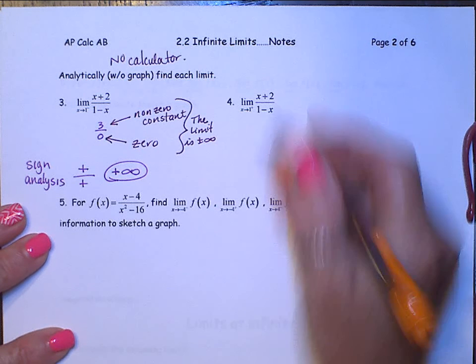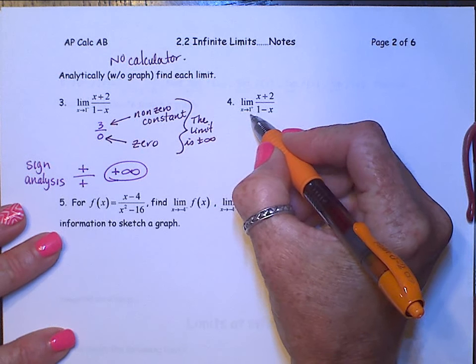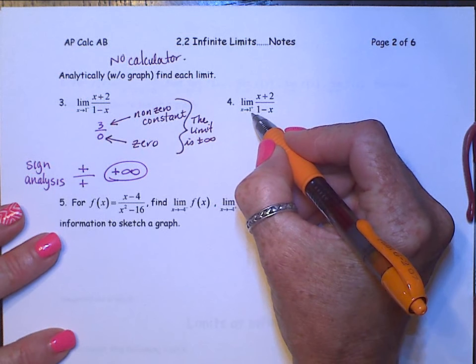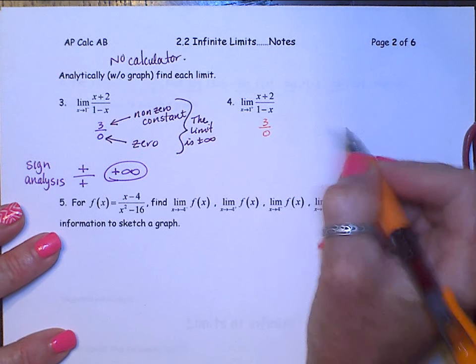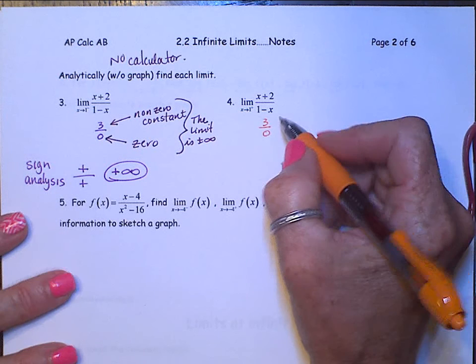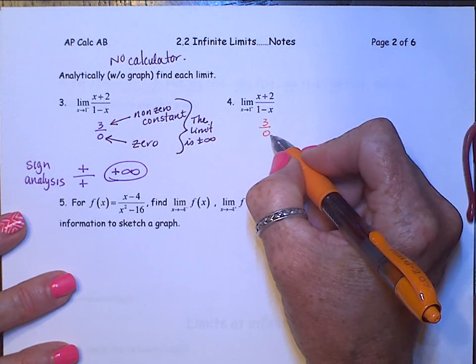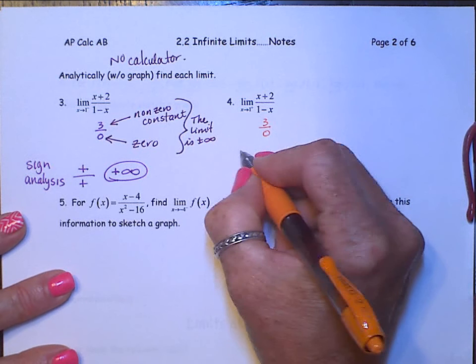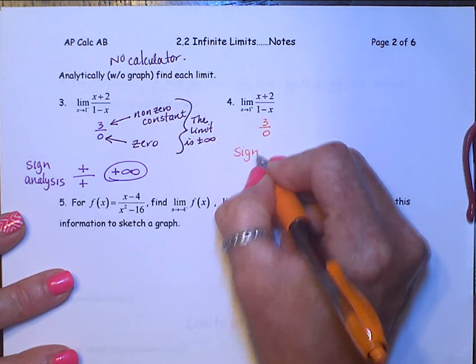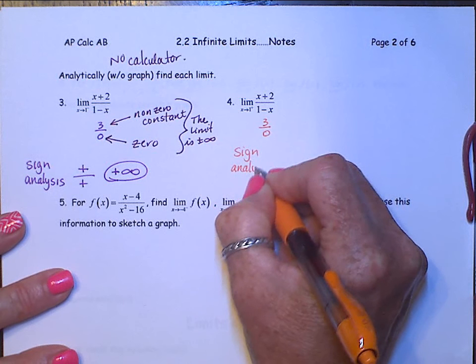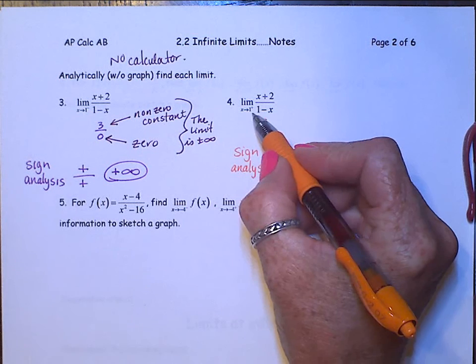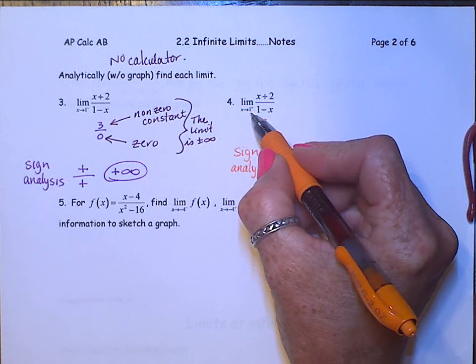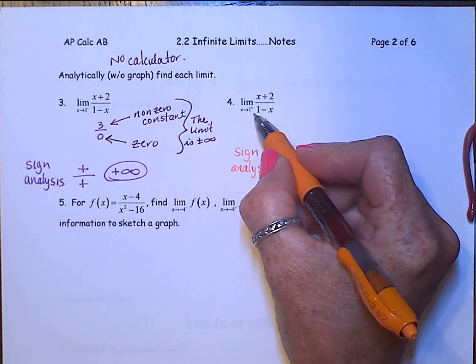Let's look at this one. The limit as x approaches 1 from the right. Again, substitute in. We're still going to get 3 over 0. There's that non-zero constant over 0, and we have to do a sign analysis. 1 from the right is something a tiny bit bigger than 1, like 1.00001.